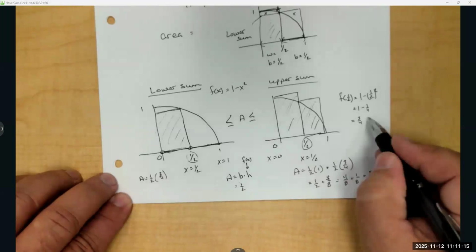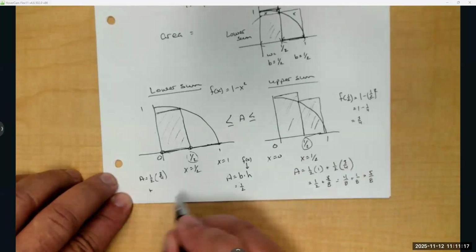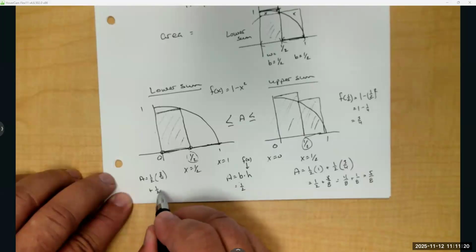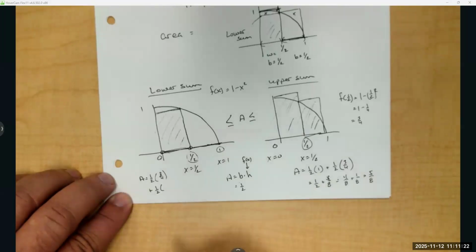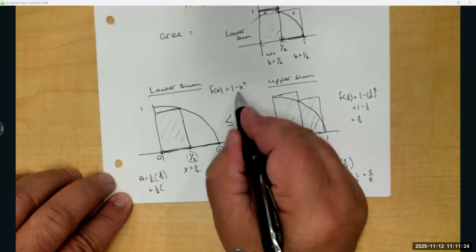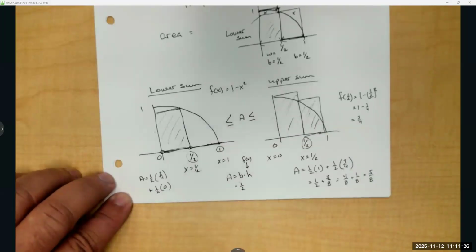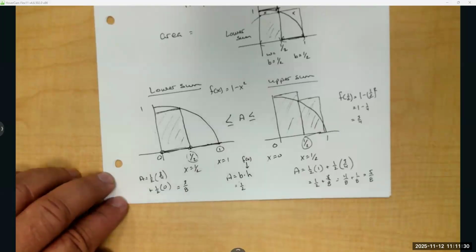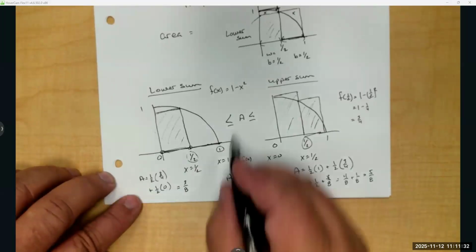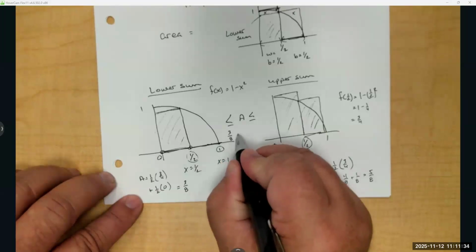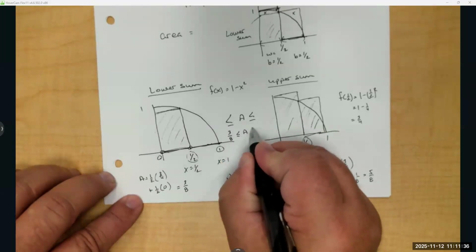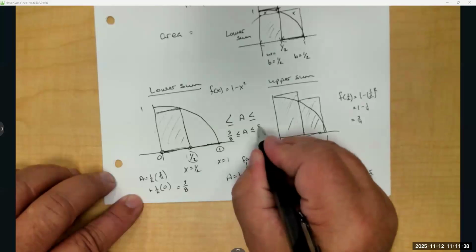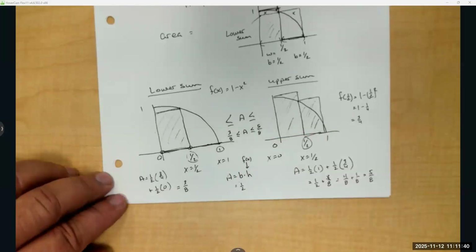You got this from here, plus 1/2 when x is 1. When x is 1, 1 minus 1 is 0. So this gives us 3/8. So the true area has to be between these two.